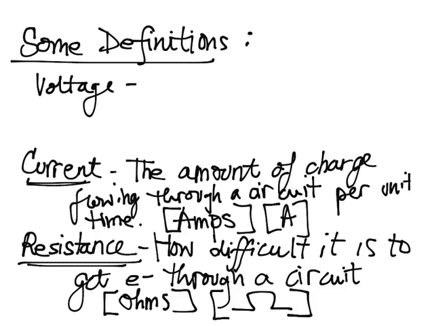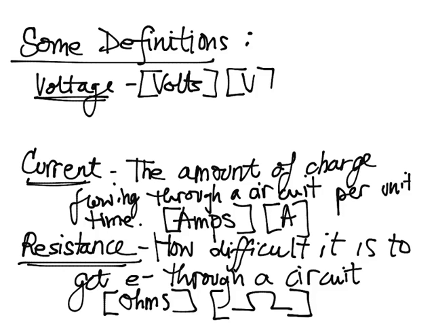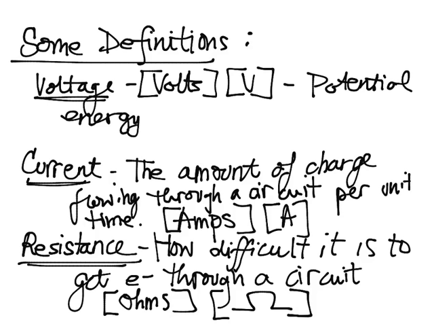Okay, and then the last one we're going to go over is voltage. Okay, you can probably guess that the unit for voltage is volts, and we'll usually abbreviate it as V. And voltage is the potential energy per unit charge.